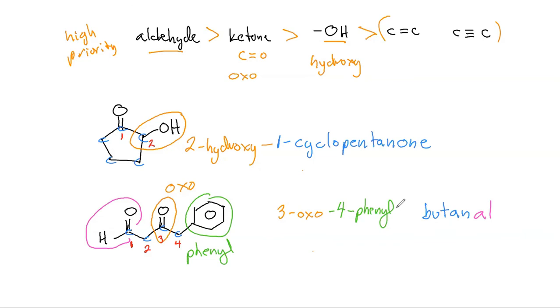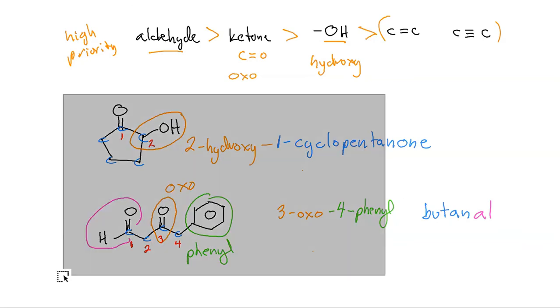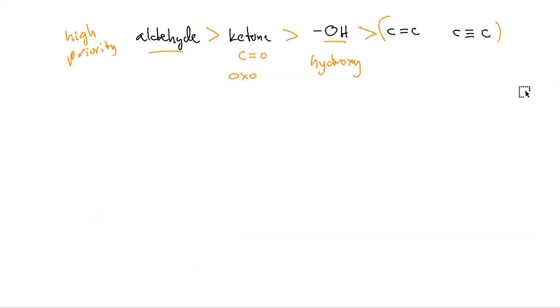Let's take a quick look also at what would happen with an alkene group. So if we have a molecule that has either an alkene or an alkyne, let's say that we've got a carbonyl, and we'll make it a double bond with stereochemistry. What we want to do is find the longest continual chain.